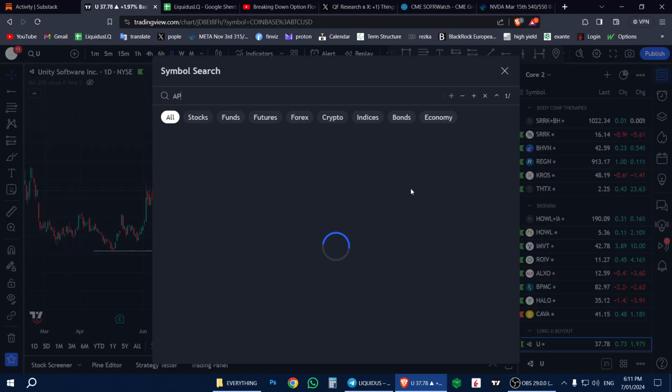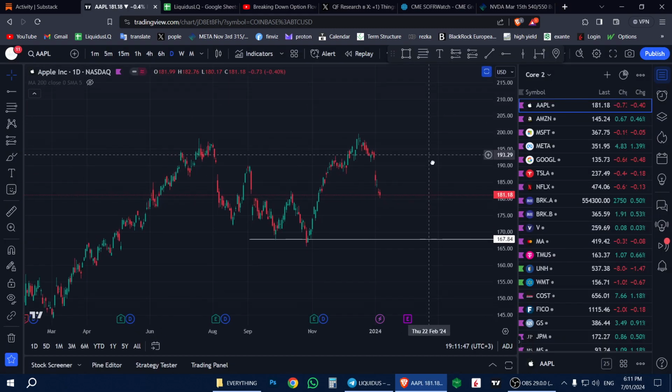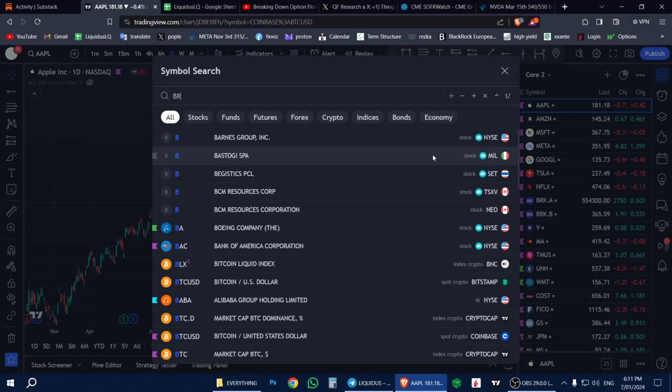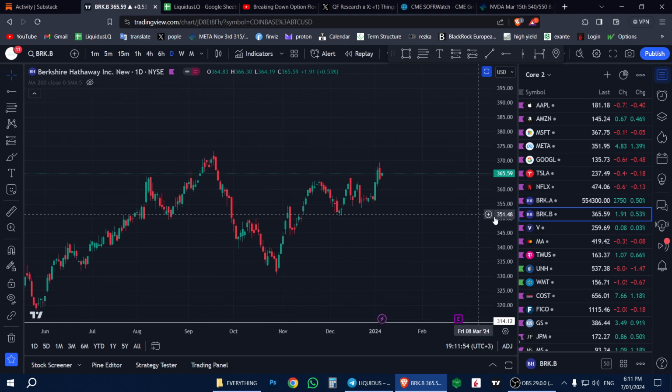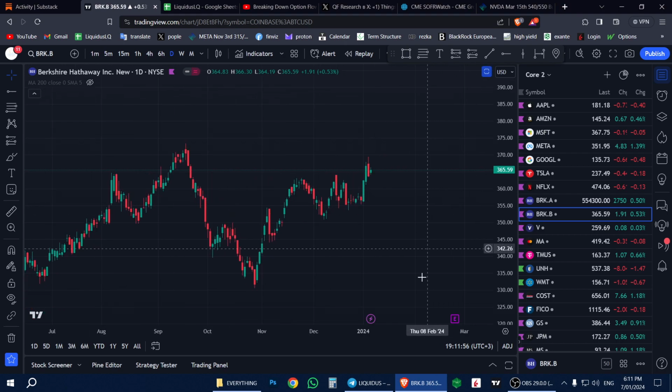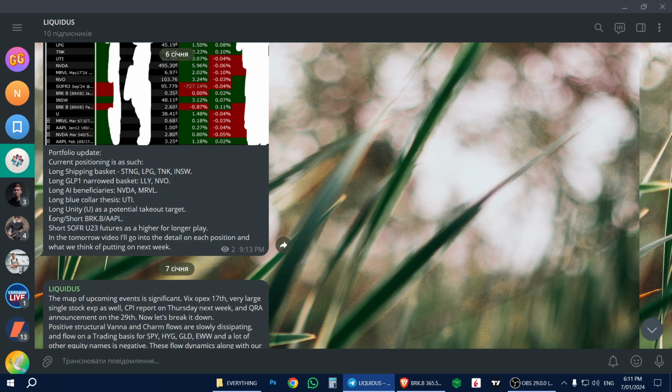Apple is squarely in negative territory, and BRKB is squarely in positive trend territory. Couldn't be any better. That's one of the trade short.